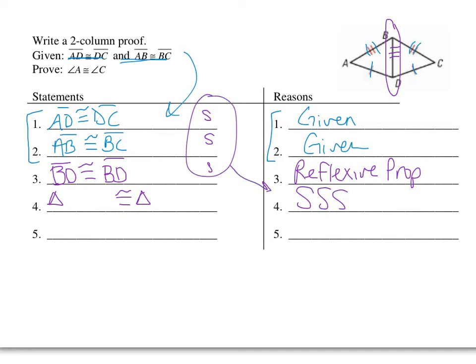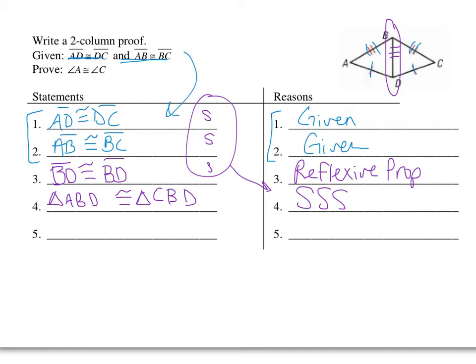If the first one I label as ABD, then I need to line up my corresponding pieces. So angle A is going to be congruent to angle C, and then A to B goes through the side with 2, so C to B also goes through the 2. So we'll write CBD.